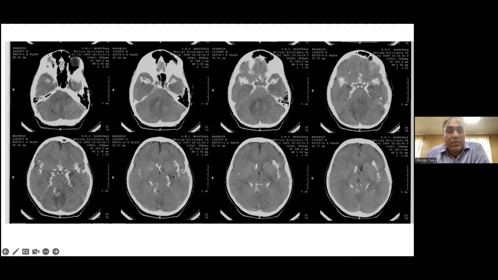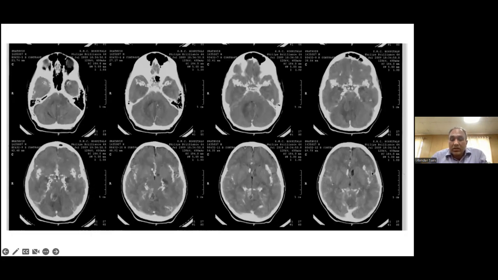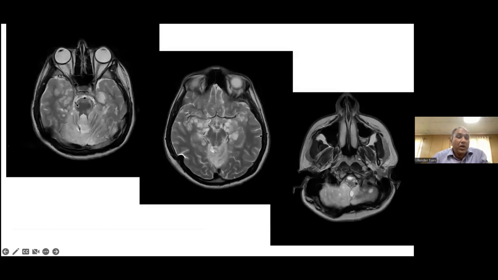This patient had some episodes of seizures and was treated as a case of tuberculosis as well as cysticercosis. And this is a very distinct lesion. We got an MRI done for him at our place. You can see this amount of cystic areas within the brain just near the cortex.